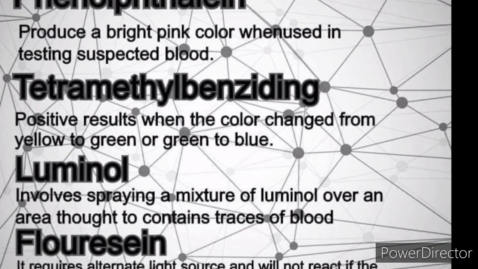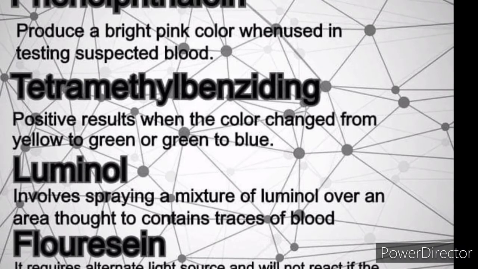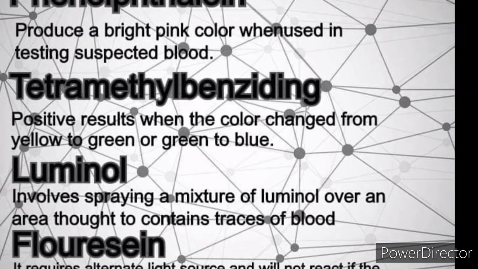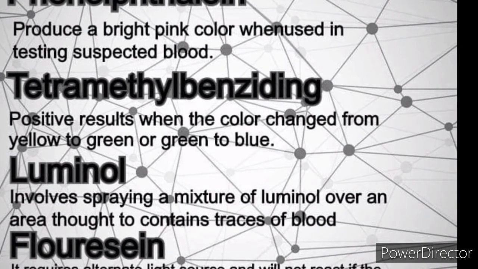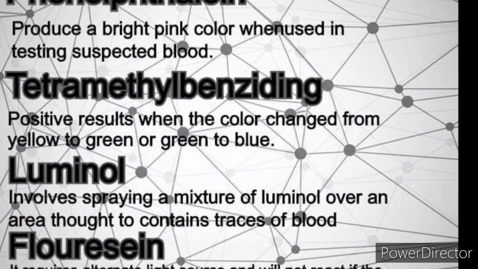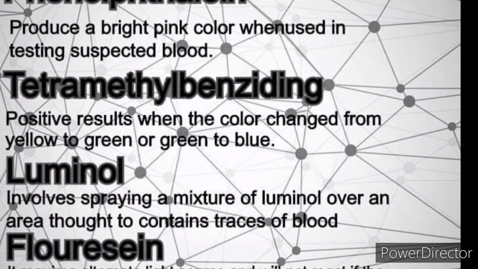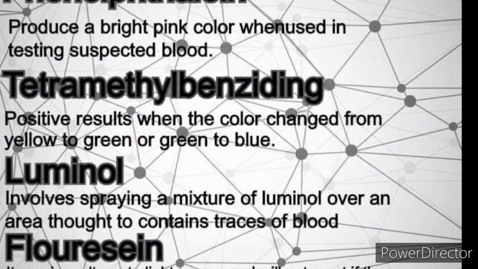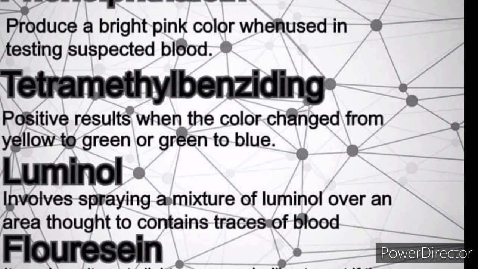Different methods on how to identify blood. Number 1 is phenolphthalein. Phenolphthalein produces a bright pink color when used in testing suspected blood. The next is tetramethylbenzidine. A positive result is when the color changes from yellow to green or green to blue.